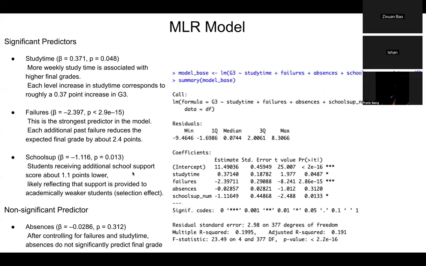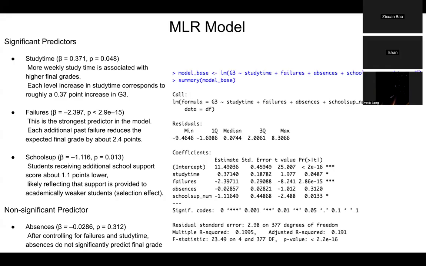Next, we look at the MLR model. In this slide, you can see the summary of the results of a multiple regression model. We found three significant predictors of the final grade. Study time has a small but meaningful positive effect. Each level increase is associated with about a 0.37 point increase in G3. Failures is by far the strongest predictor.